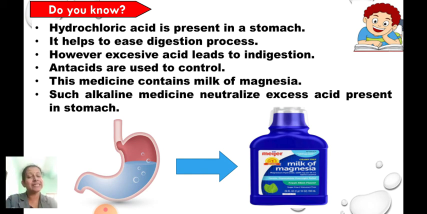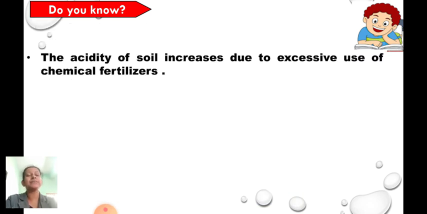Here antacid tablets have been used for neutralizing the effect of excessive acid in the stomach. Let's see where else we can use bases. Sometimes the acidity of the soil increases due to excessive use of chemical fertilizers. In such a case, what can a farmer do?